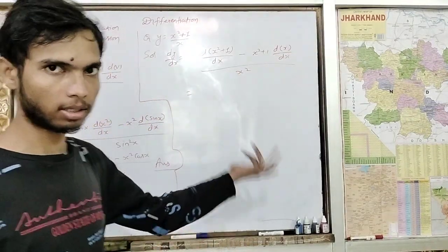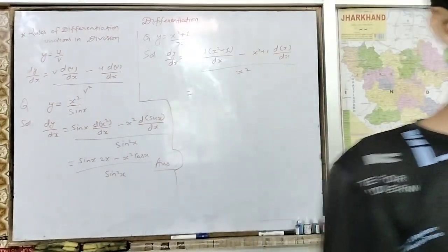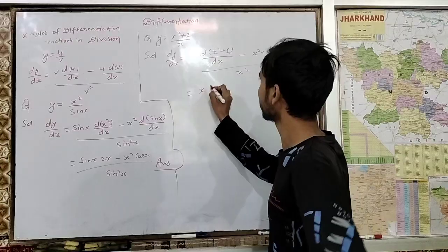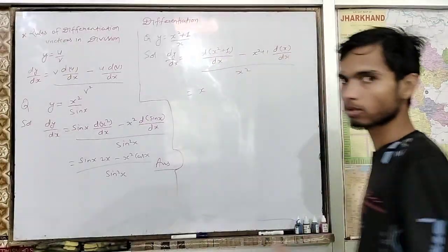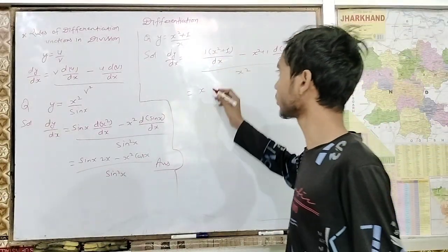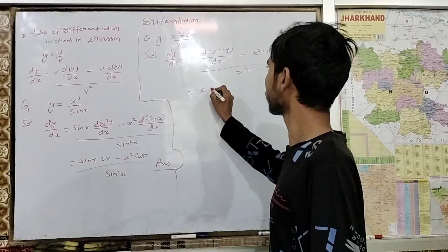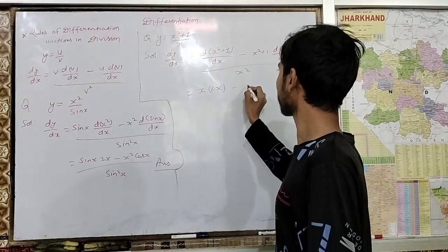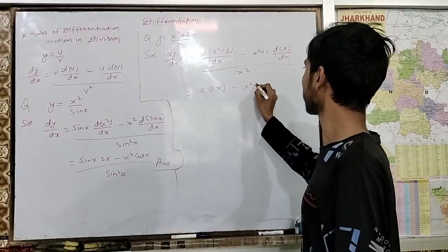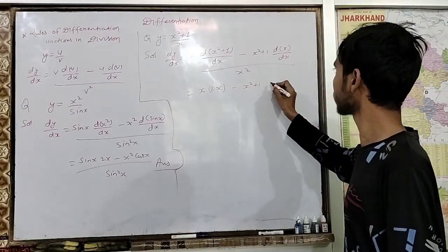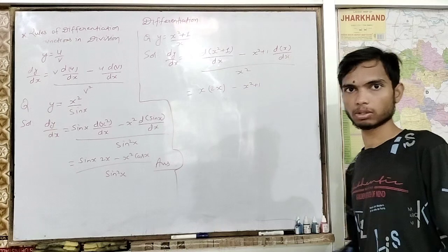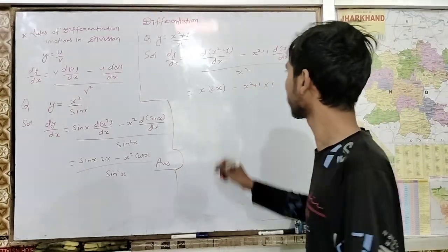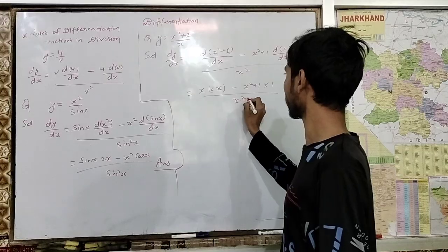Okay, we applied the rule. Let's apply the formula of differentiation. x will be as it is, the differentiation of x squared is 2x, 1 is 0, so 2x, minus here x squared plus 1, then the differentiation of just x is 1, and this is upon x squared.